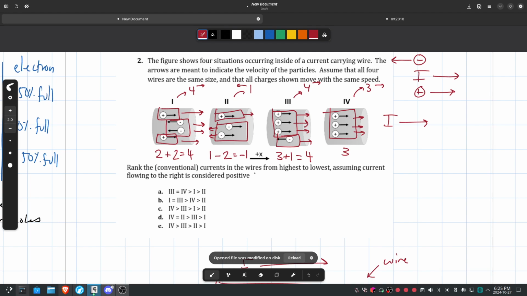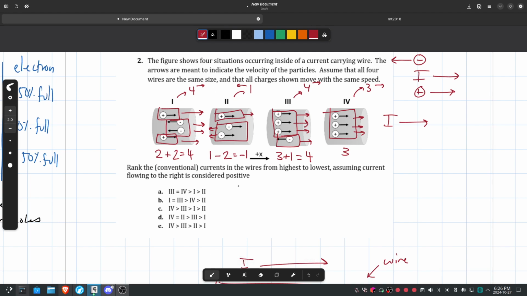Rank the conventional currents in the wires from highest to lowest, assuming current flowing to the right is considered positive. Well, conventional current just means that we're comparing the magnitude of the currents, right?